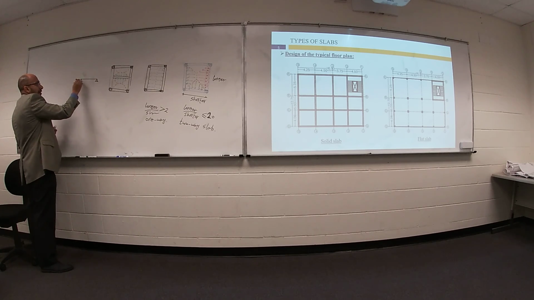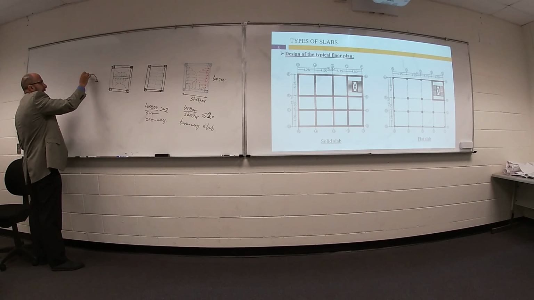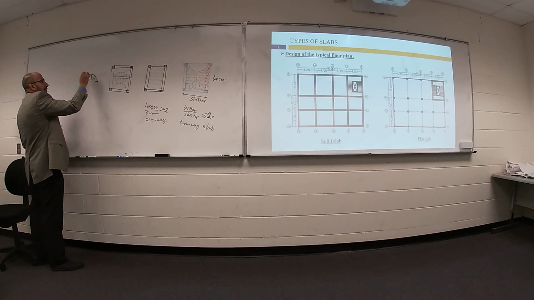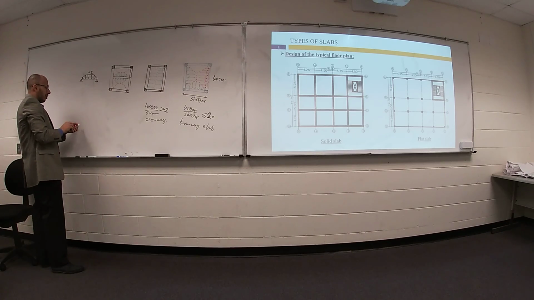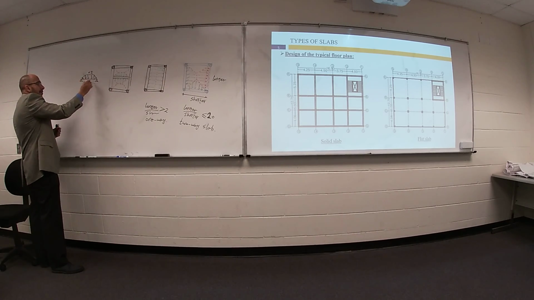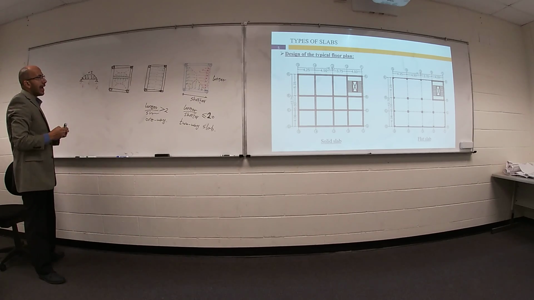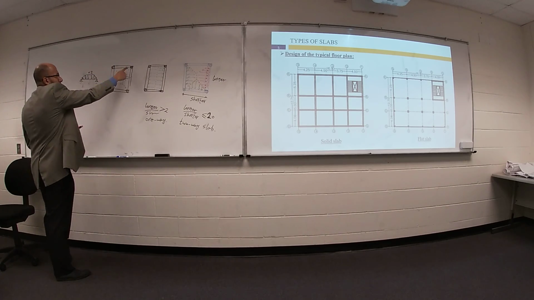We have a support here, we have a support there, we have a trapezoidal load from this side and another trapezoidal from the other side, so you have to multiply this one by 2. Once you solve this beam, get your reaction R1, then go ahead and solve for this beam or this beam.